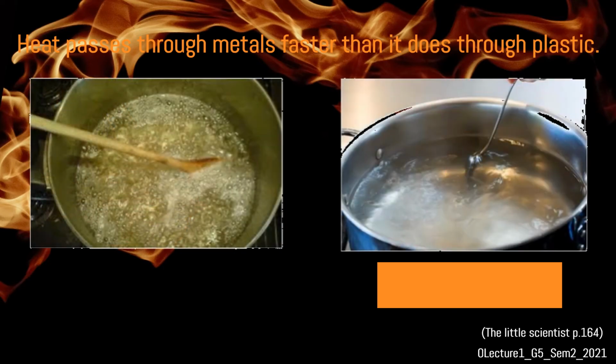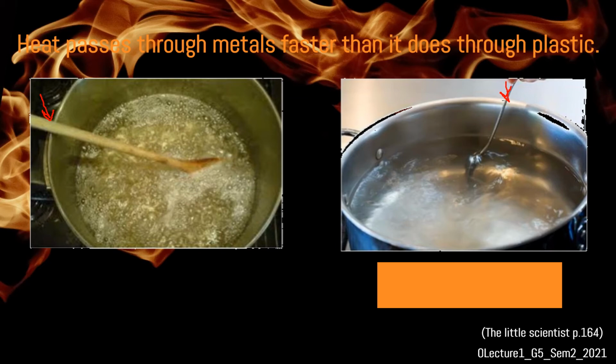Okay? Here is another activity. You can ask your mom about this. In these two cases, we use different spoons. A wooden spoon, here is the wooden spoon, and also a metallic spoon. Okay? Don't forget that heat passes through metals faster than it does through other materials. Okay?